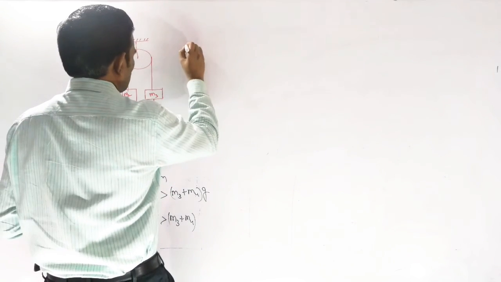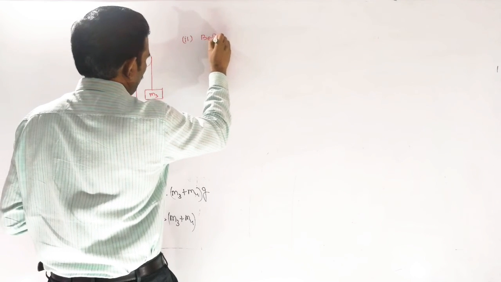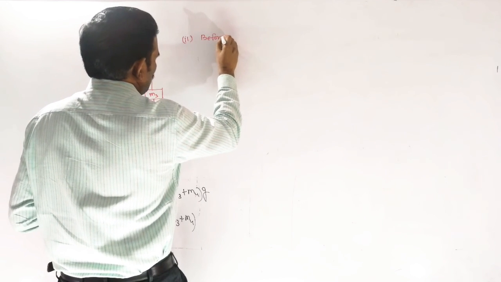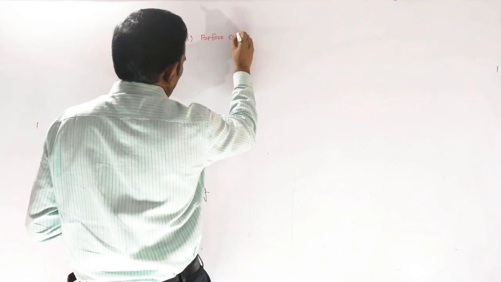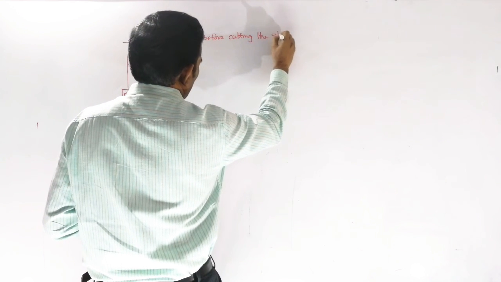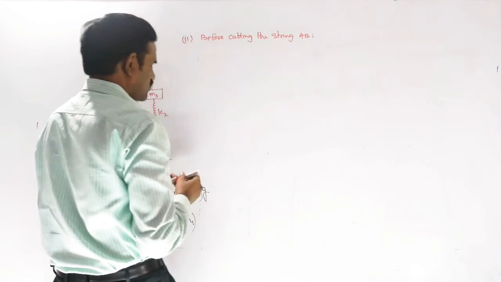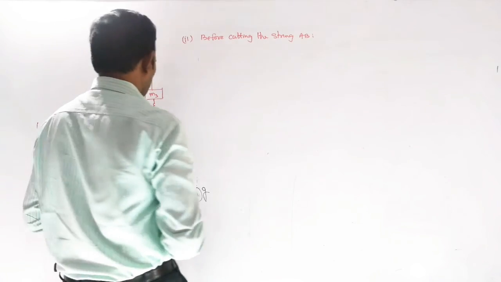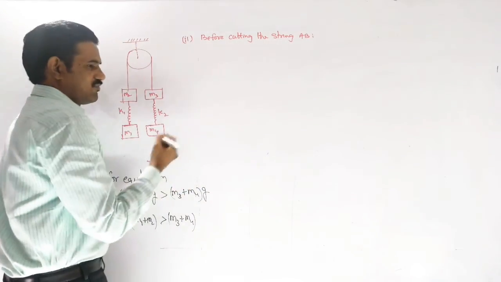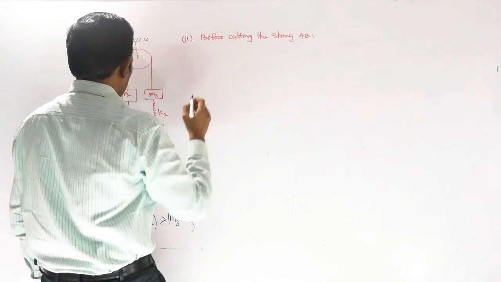So for the second part of this problem, before cutting the string AB, I am taking the situation before cutting the string AB. Now I am taking the FBDs of each block and writing the force equations.